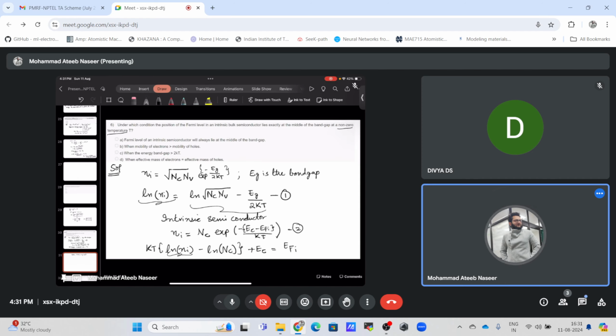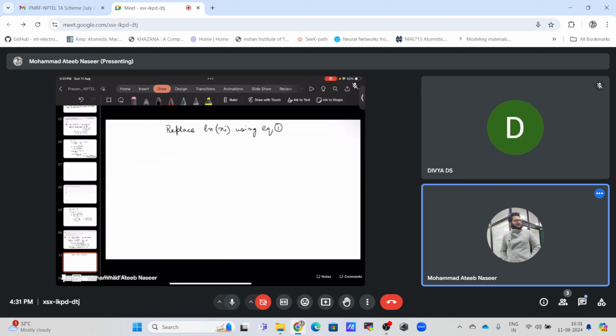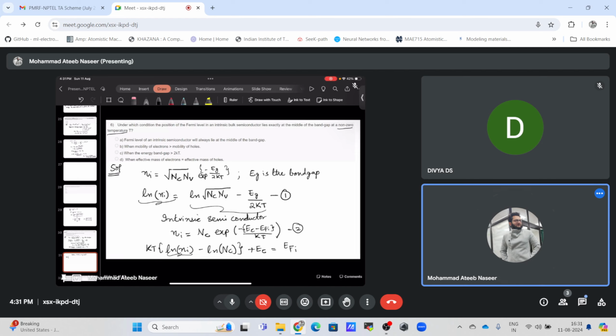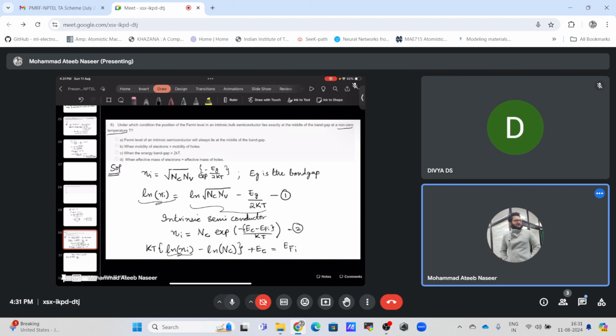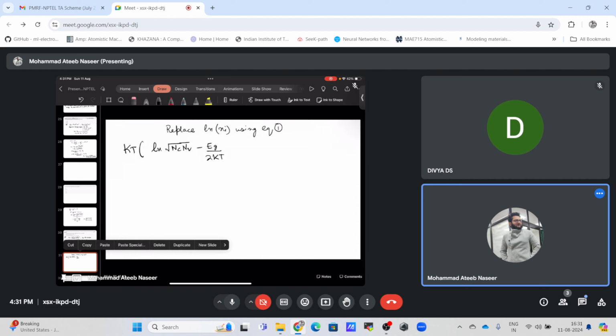So it is now kT times ln of root of NcNv minus Eg by 2kT, minus ln of Nc, plus Ec is EFi.